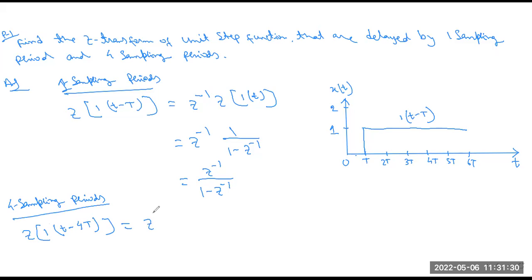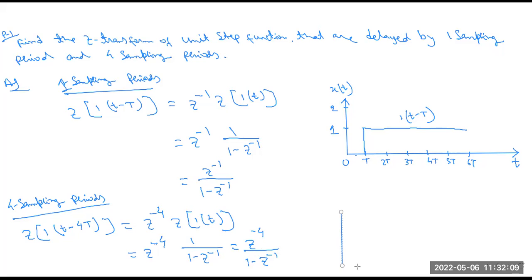So here also z to the power minus 4 into the Z transform of 1 of t. Now you have to write this equation: z to the power minus 4, and the formula from the table is 1 by 1 minus z to the power minus 1. Then you write z to the power minus 4 divided by 1 minus z inverse.